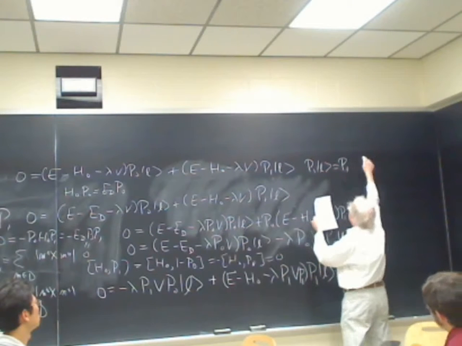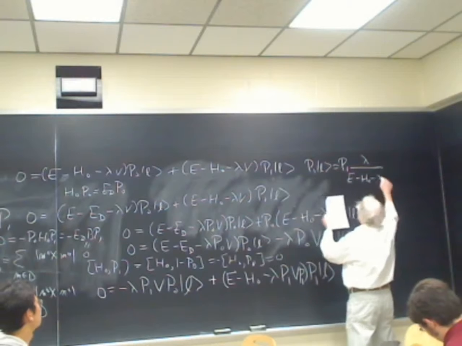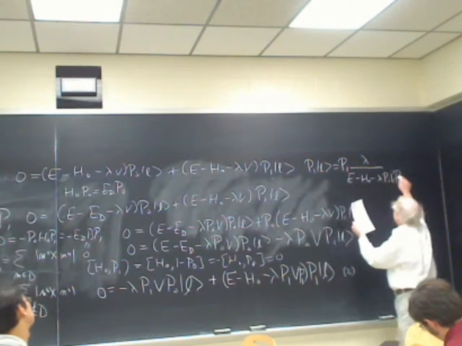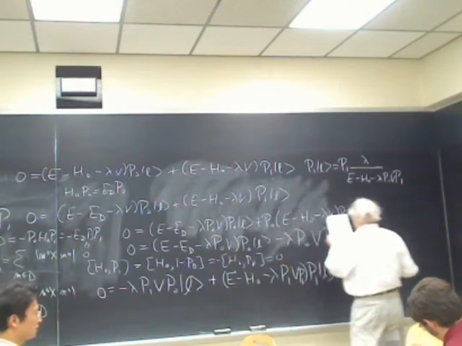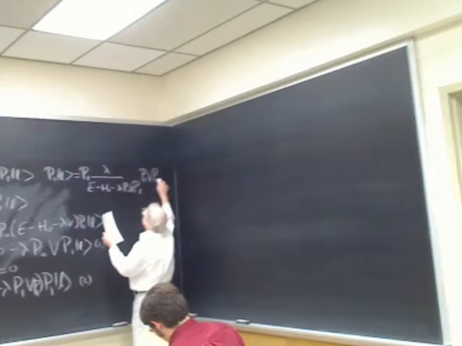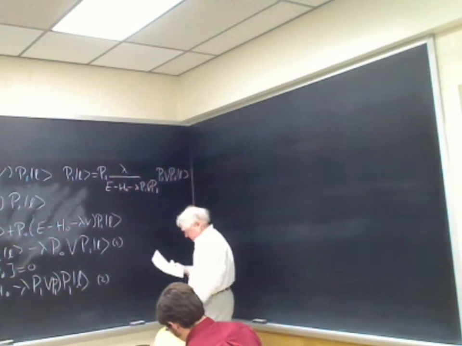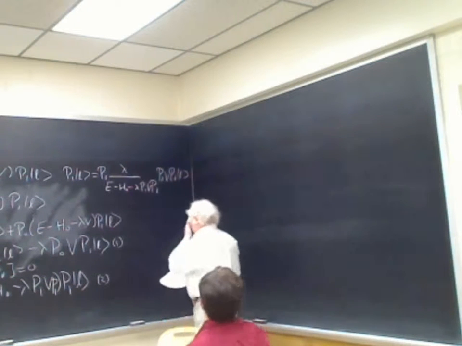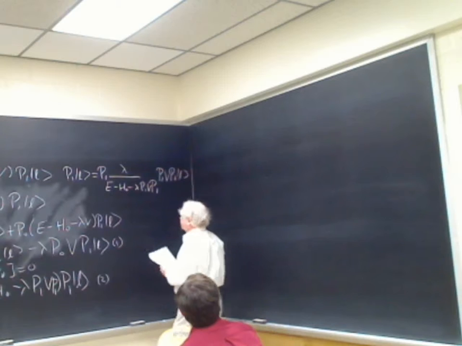So we have a P1, we have a lambda over E minus H0 minus lambda P1 V P1, now times this over here, which is P1 V P0L. Okay, so that's our expression for that.